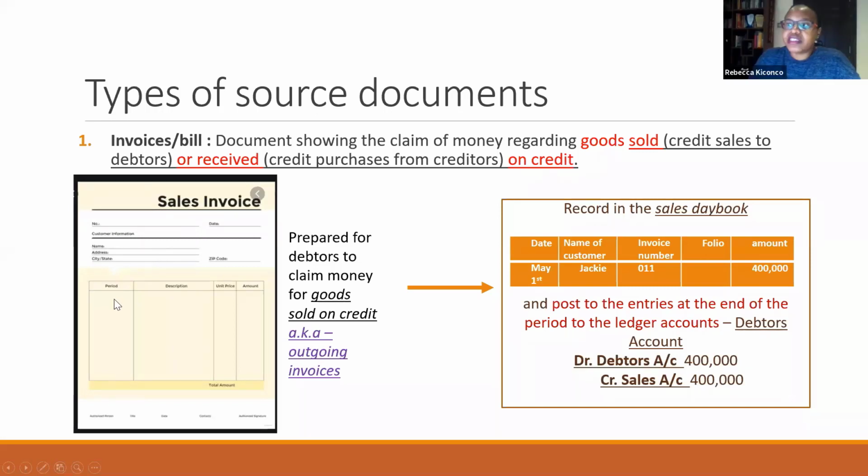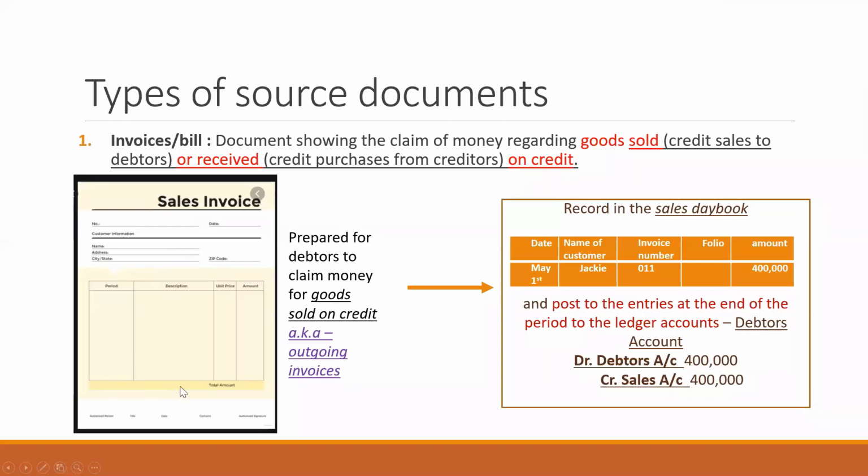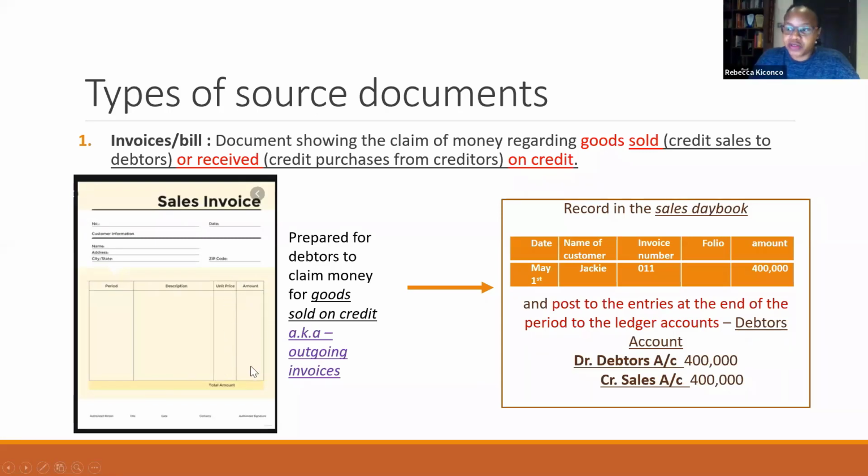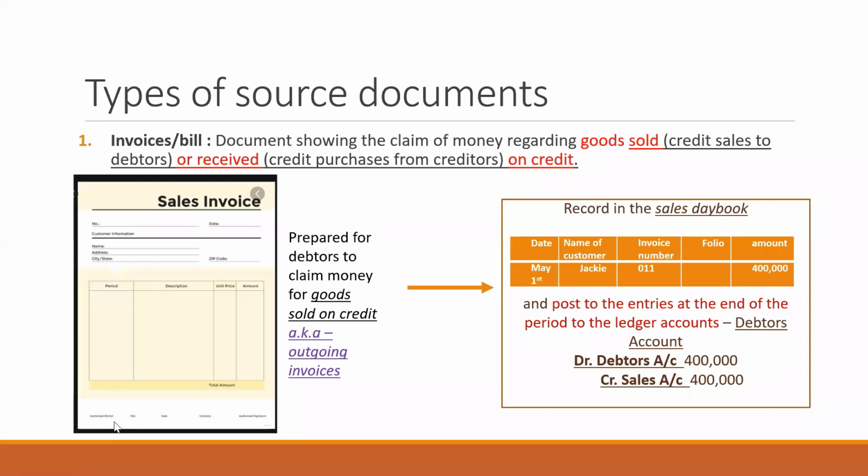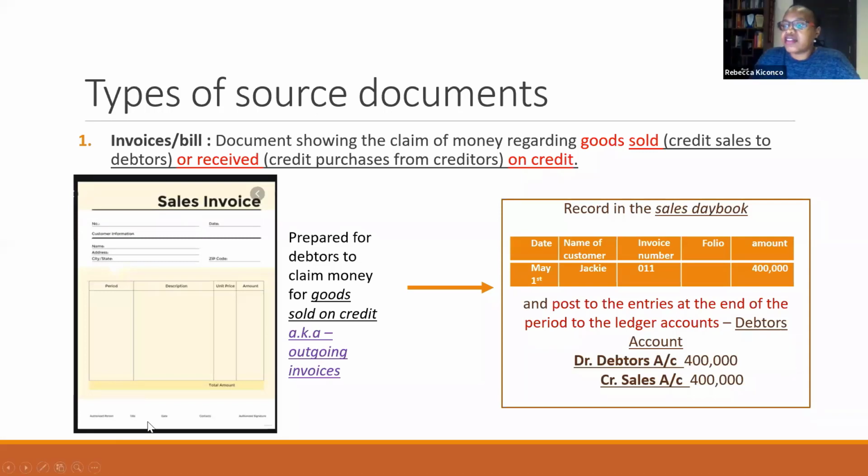Then we write the period, probably the month, the description of the goods that we have sold, the unit price of the goods and the total amount. As you can see below, there's an authorization for this sales invoice. Because the goods are being given on credit, they must be authorized. And then the date, the title of the person, the contact, and the authorized signature.